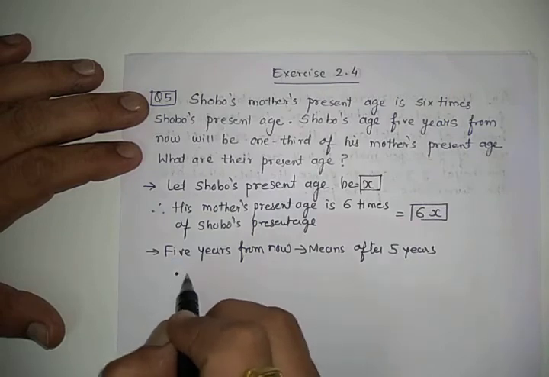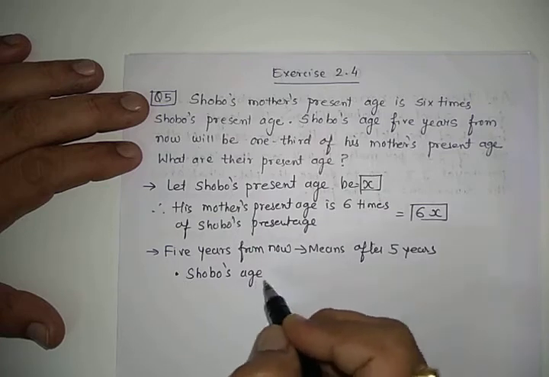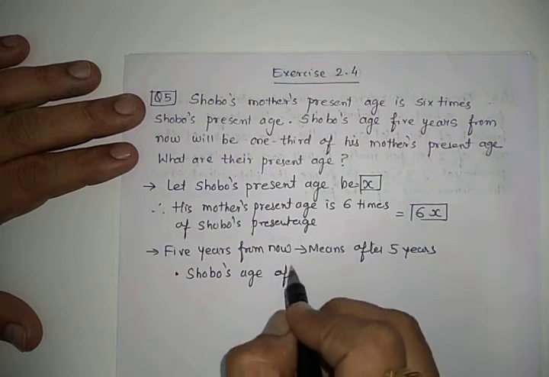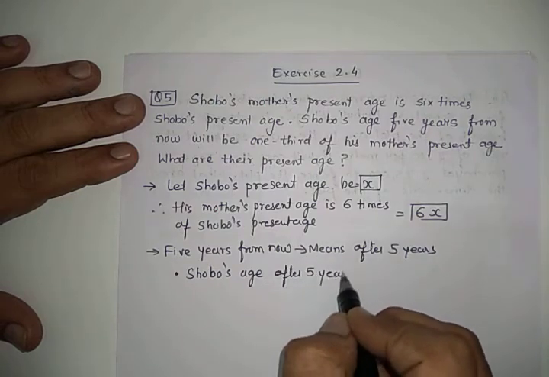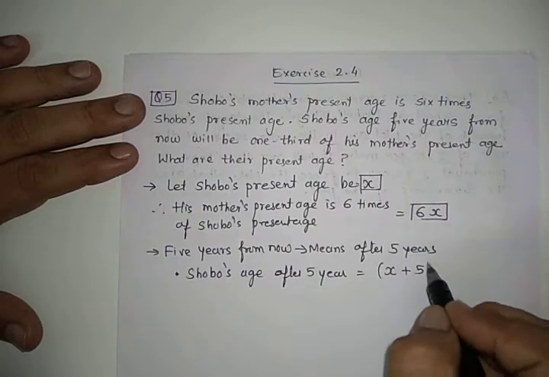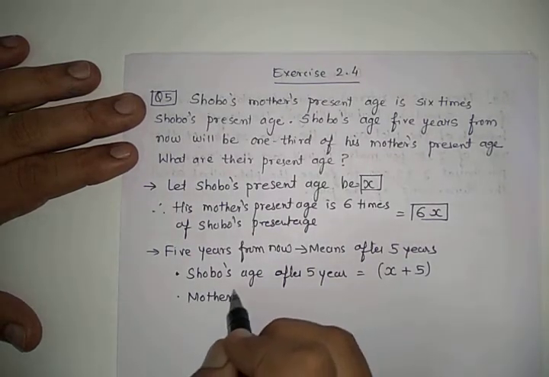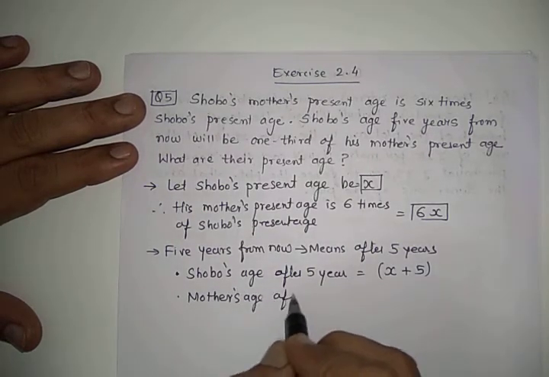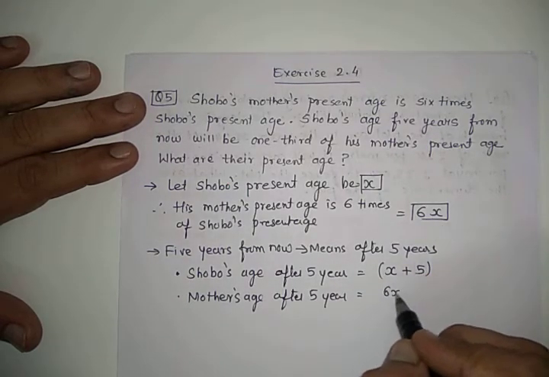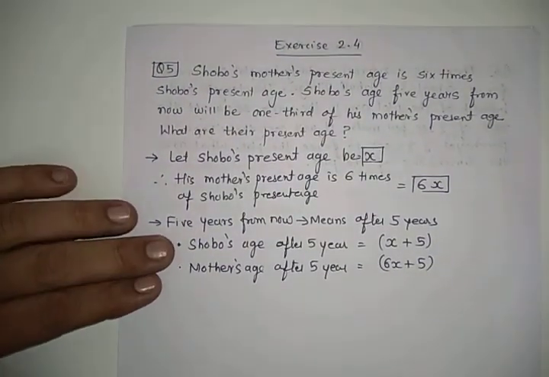Clear? So Subhu's age after 5 years will be present age plus 5 more, and the mother's age after 5 years will be whatever her present age is plus 5 years.